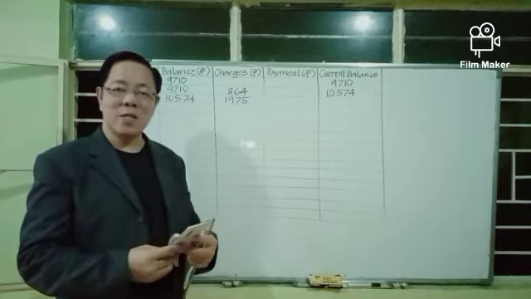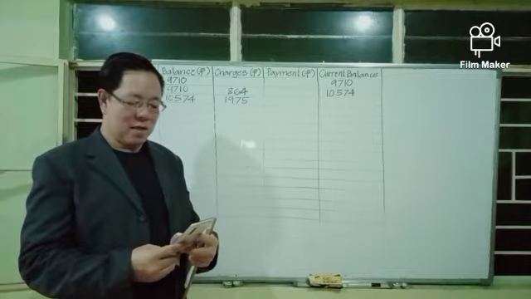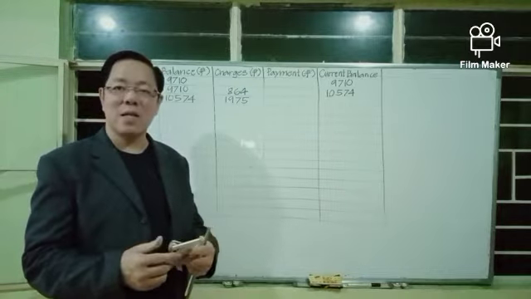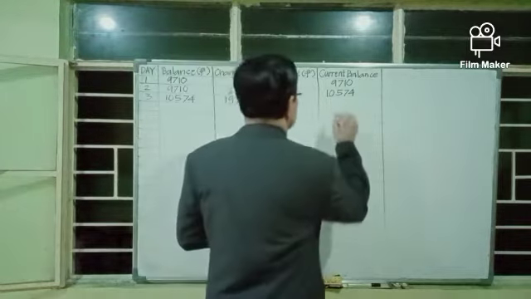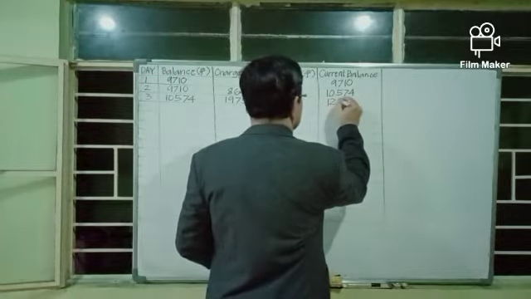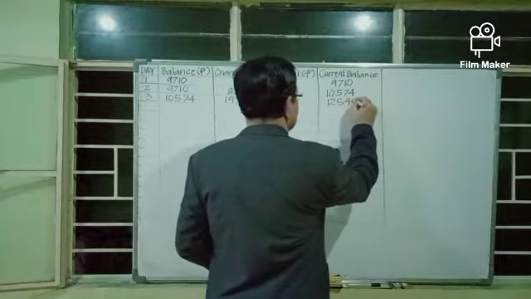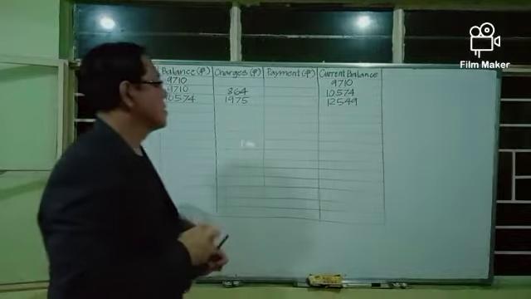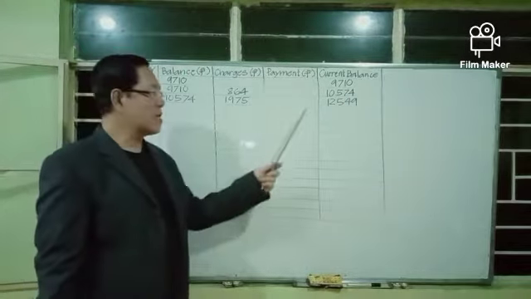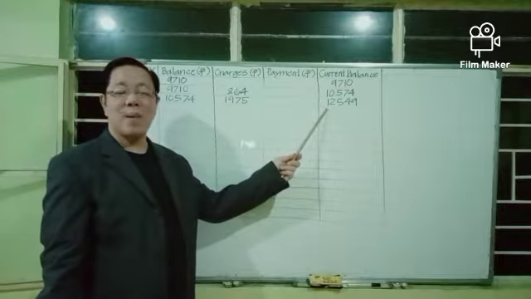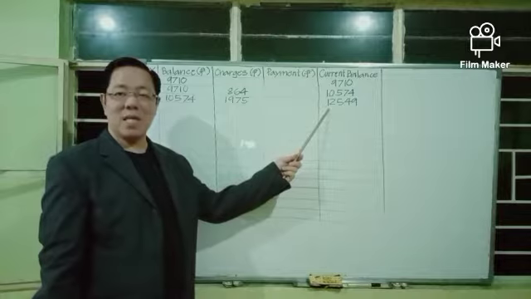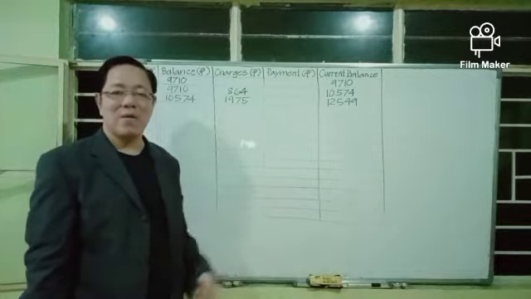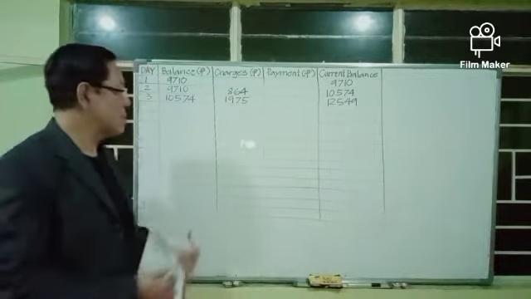And at the end of the third day, the current balance on her credit card is 12,549 pesos. And this balance at the end of November 3 would be the balance carried over at the beginning of November 4, the fourth day of November.